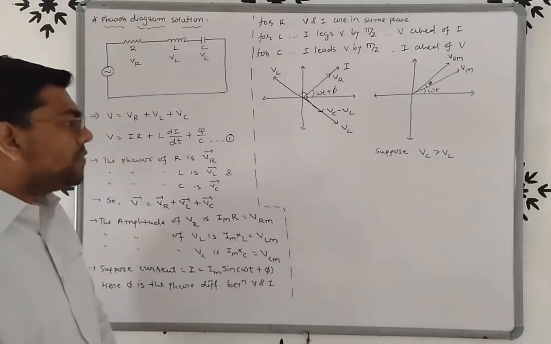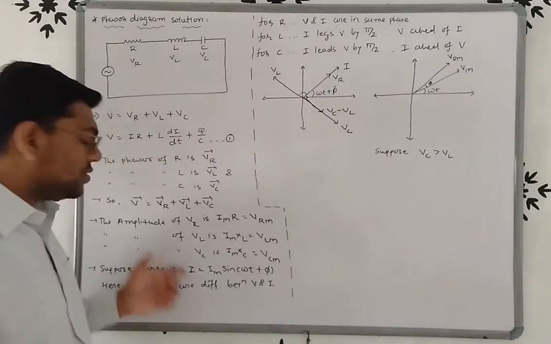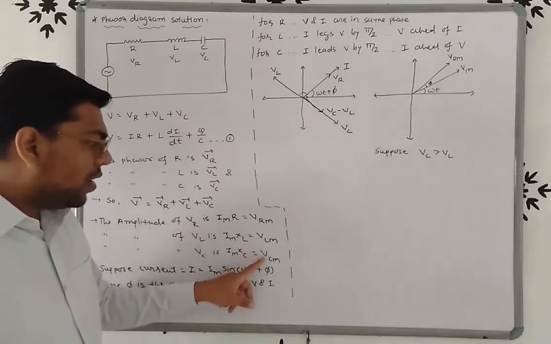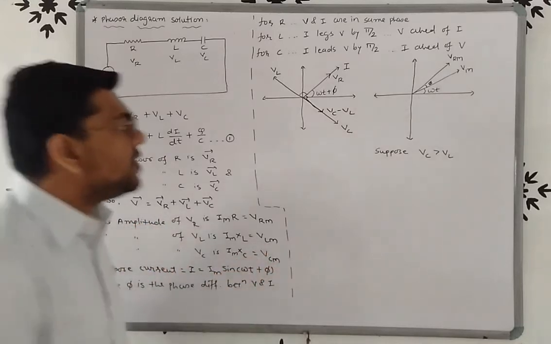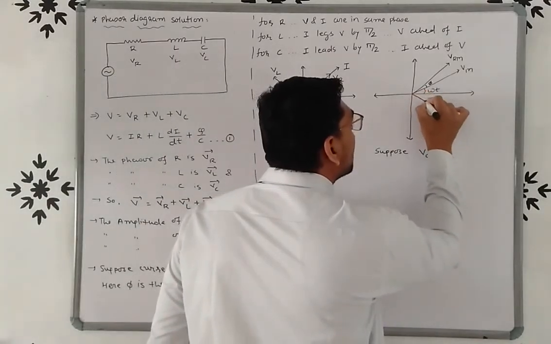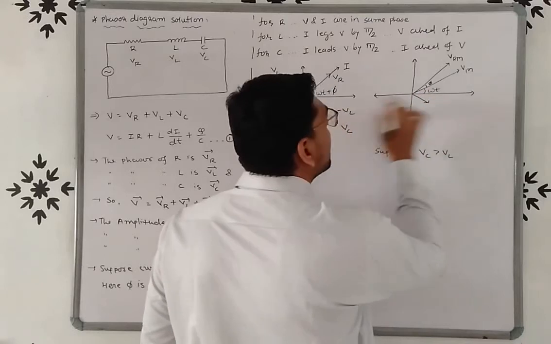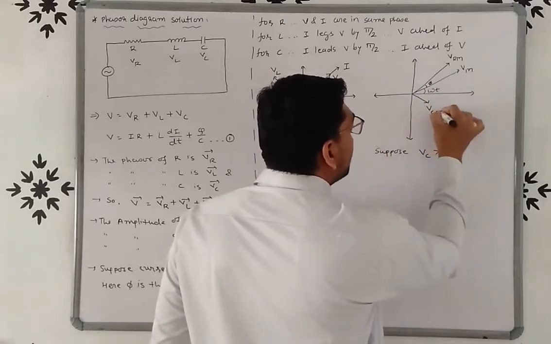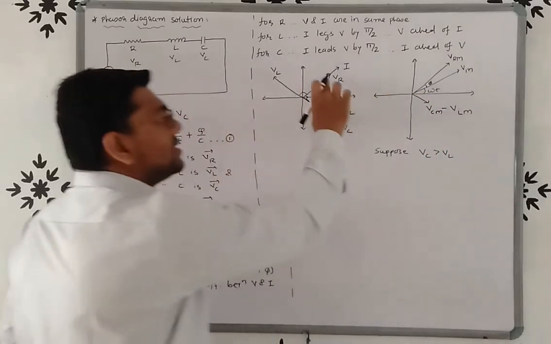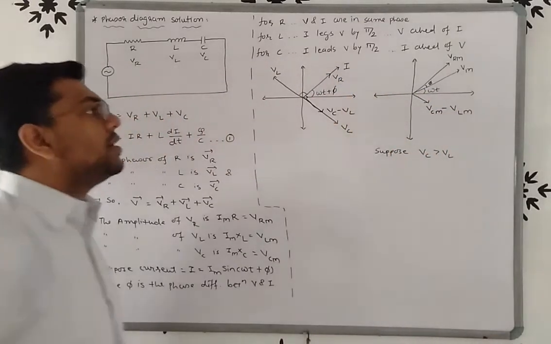So if we want to draw this amplitude of VCM minus VLM, it is like this, the same as we discussed earlier, right?